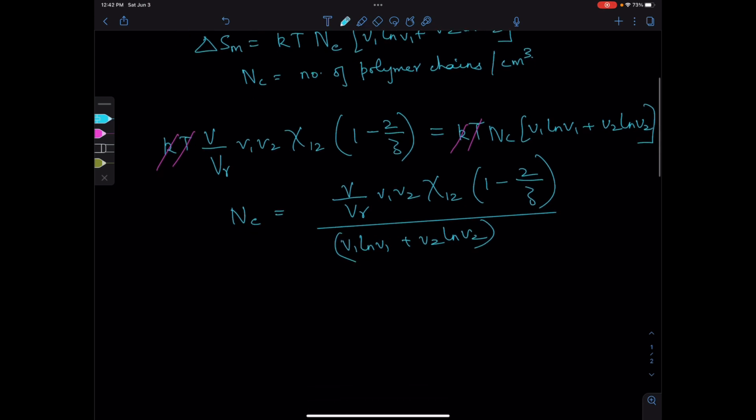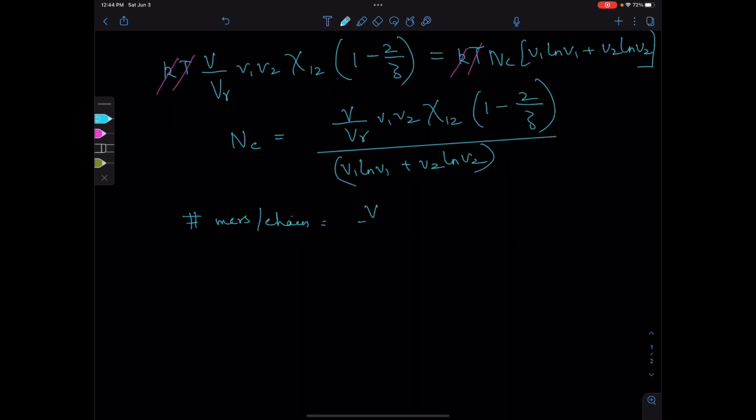Now the molecular weight at which the chains become immiscible will correspond to the chains having Nc number of chains per unit volume. So the number of mers per chain would be V over Vr over Nc.